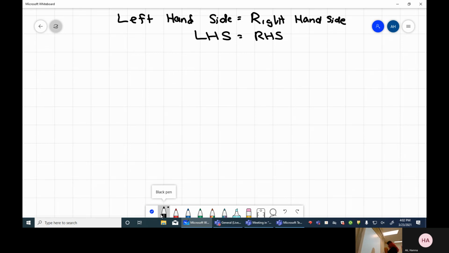So we're going to have some guidelines to work on this. An important thing to remember is LHS means left-hand side, RHS means right-hand side. That's just a vocab thing. You always need reasons to move forward. Just like when you're doing geometric proofs, back in the day, you had to have a reason for why you're taking the next step. The reasons we're going to often have here are our identities.